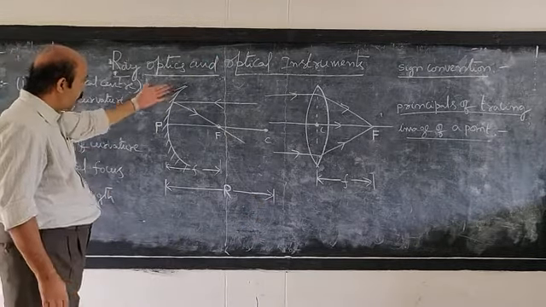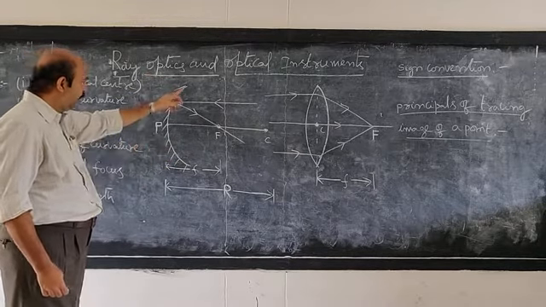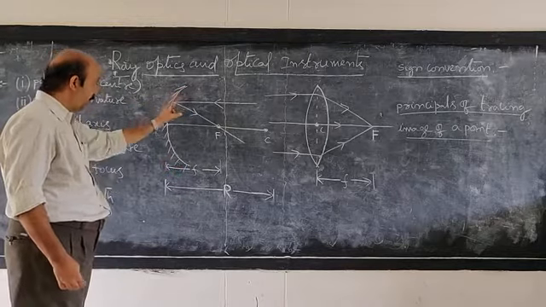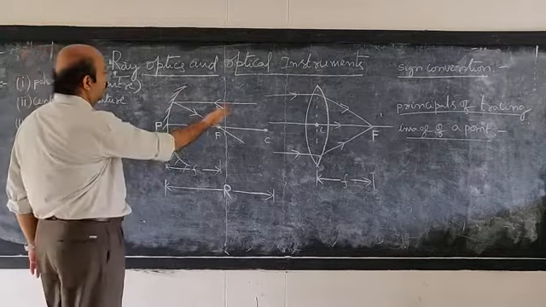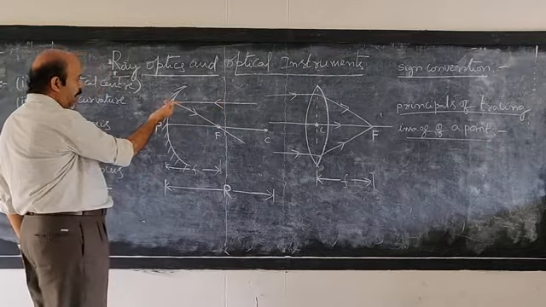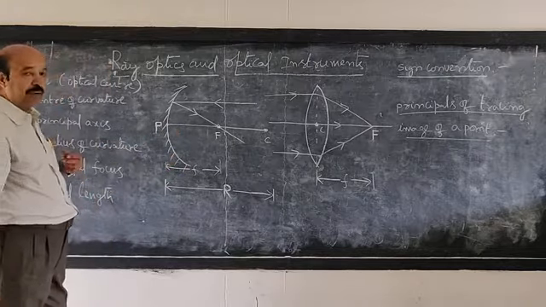Now here I have taken a concave mirror. This is the reflecting part. Here the rays get reflected from this surface. Now I have considered a parallel ray to this PC, which we call the principal axis.